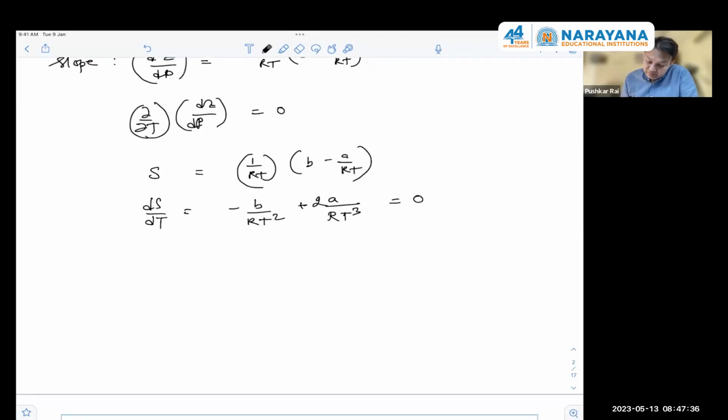So this is going to give you B upon RT square is equals to 2A upon RT cube. So RT square, that is you getting T. So T is equals to 2A upon B.